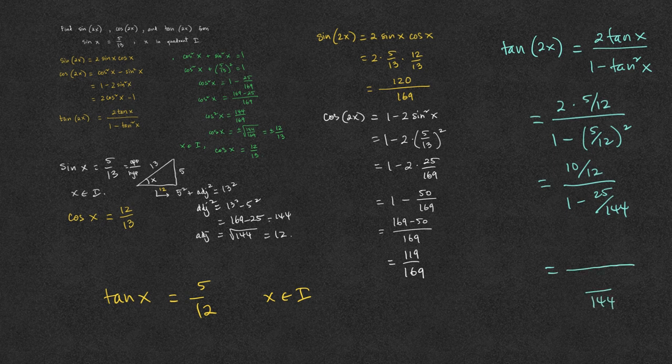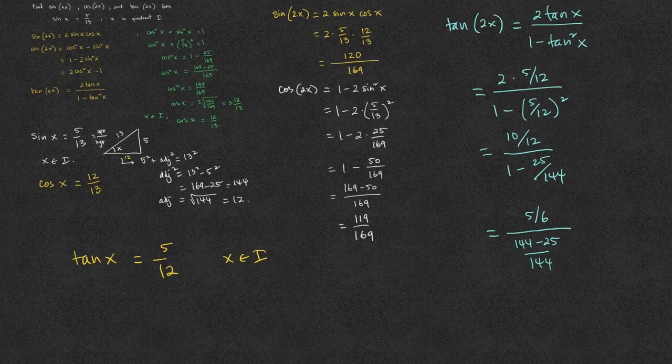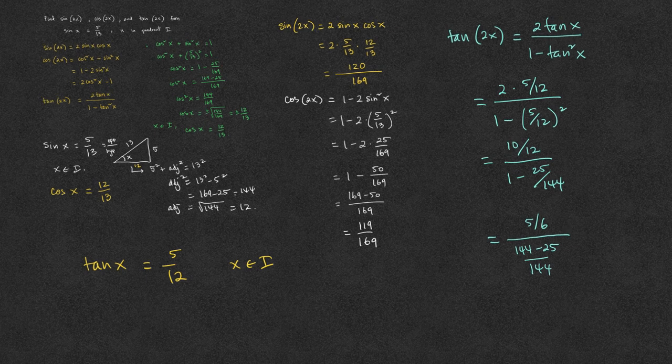We multiply 144 over 144 to 1 to get 144 minus 25 in the numerator, and now we have 144 as the common denominator. In the numerator, 10 over 12 is simplified to 5 over 6. This is a complex fraction, so we will need to simplify this further.